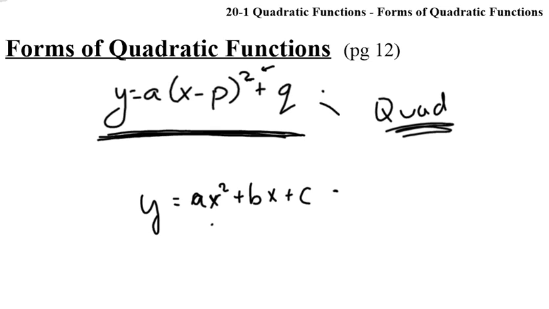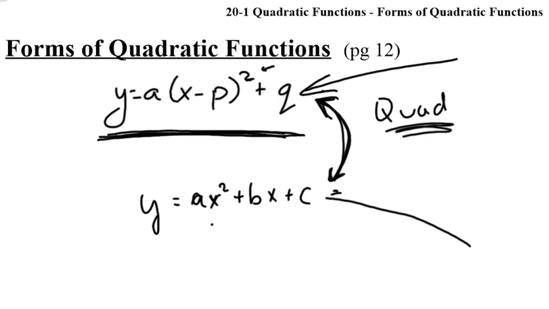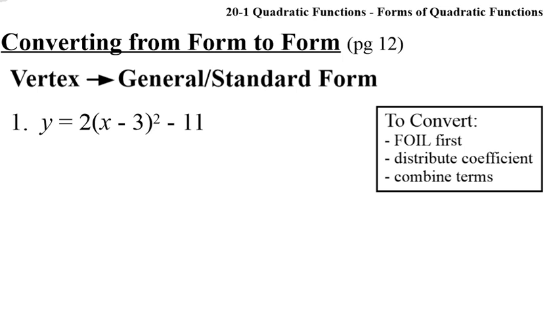So we're going to look this lesson at how we can go from one form to another. This is obviously the beneficial one, but this is one you have to be familiar with because it's a standard general form that can lead us to all kinds of things. So here we go. Let's take a look.